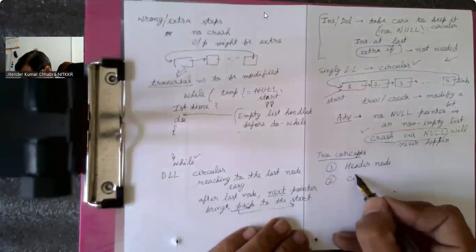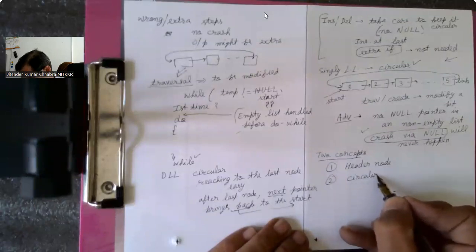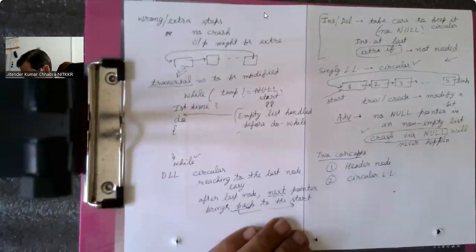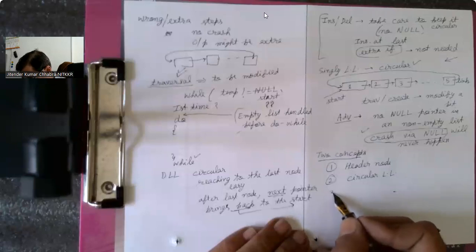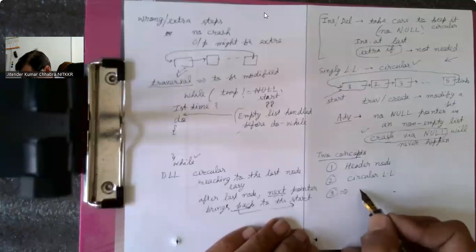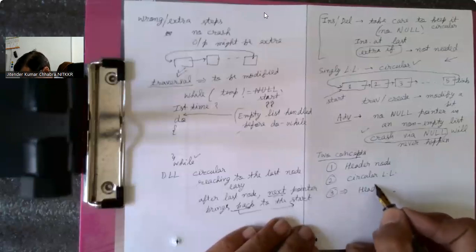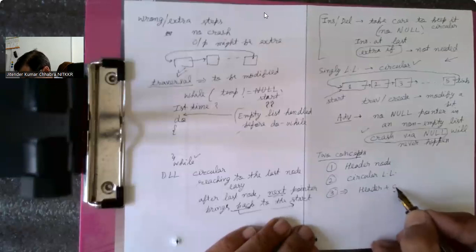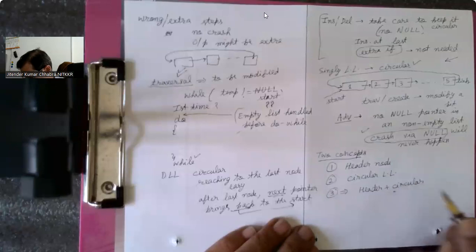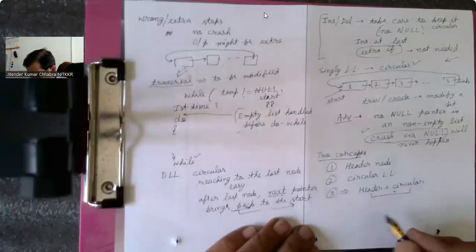Second, the circular linked list. And both features can be combined, where we can have a header node plus circular also. If you feel, you can use that. Header plus circular can be combined.